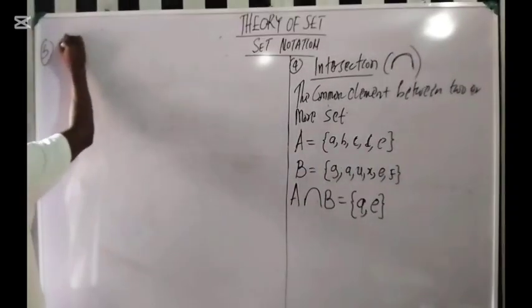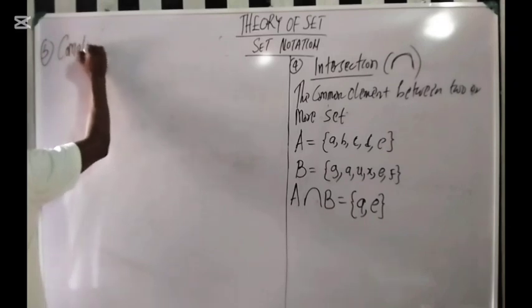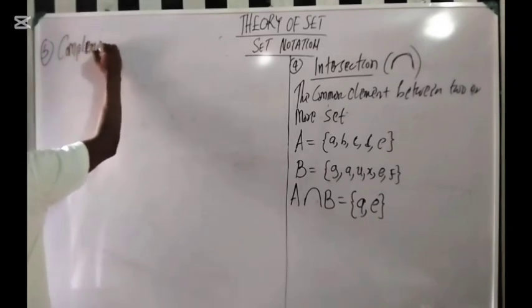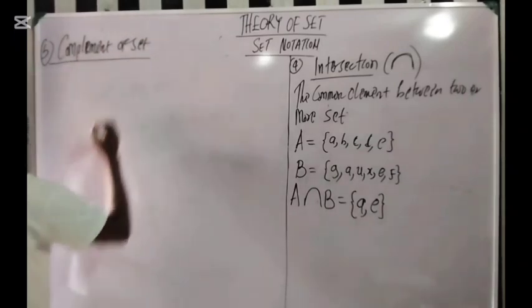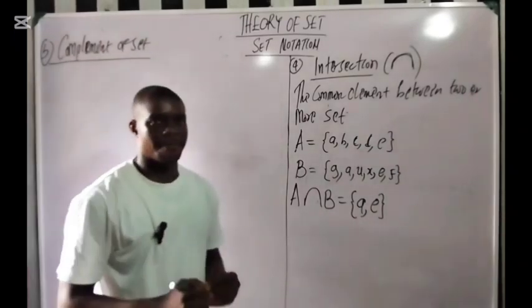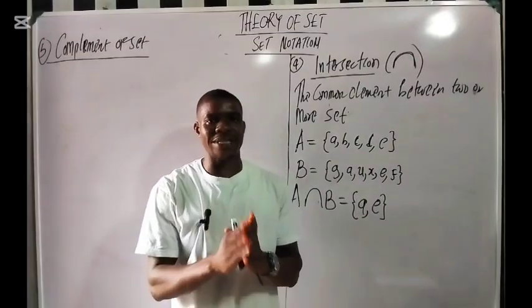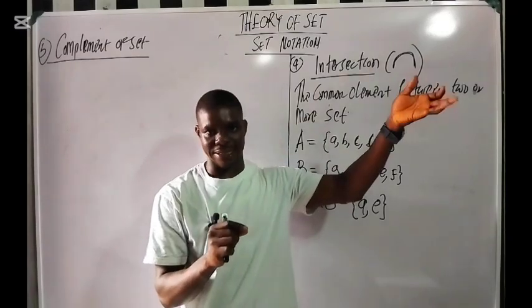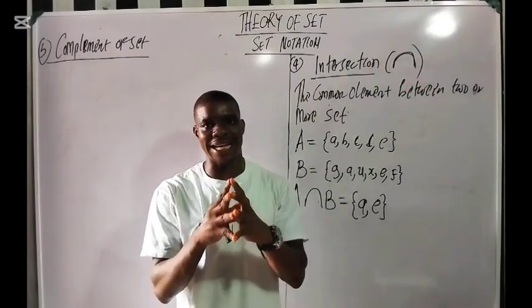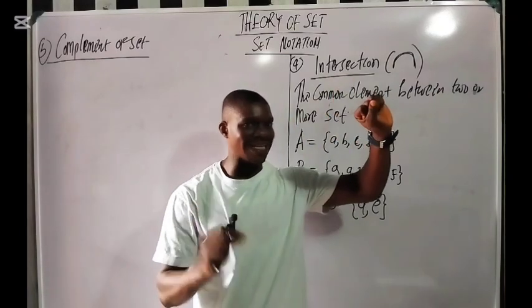Complements of sets. Now, what do you mean by complement of sets? When we talk about complement of sets, you are comparing that given set to a universal set. So there must be a universal set and a set.